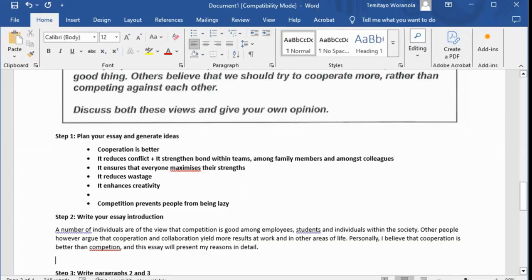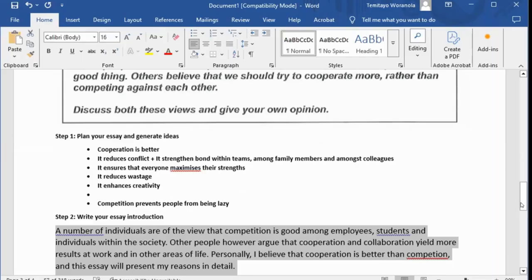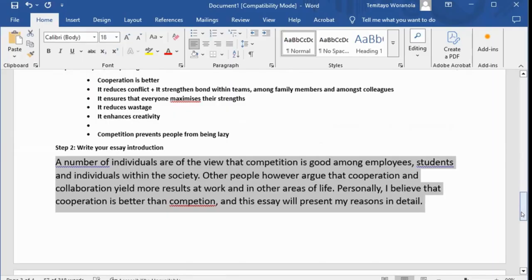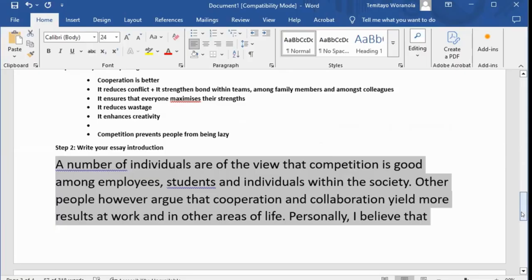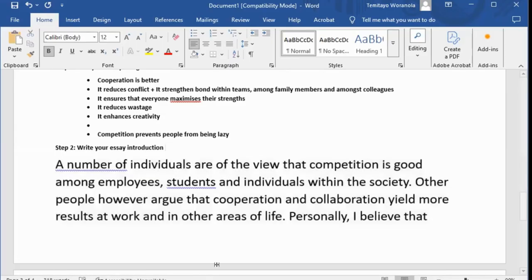How many sentences are in this introduction? Let me see who is following me so far. I want you to look at my introduction carefully and type in the chat box how many sentences are in this introduction. How many sentences can you see?